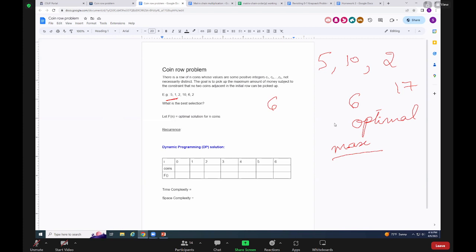But yes. So that is the optimal nature of the subproblems. You can divide it into subproblems. Those subproblems are optimal.